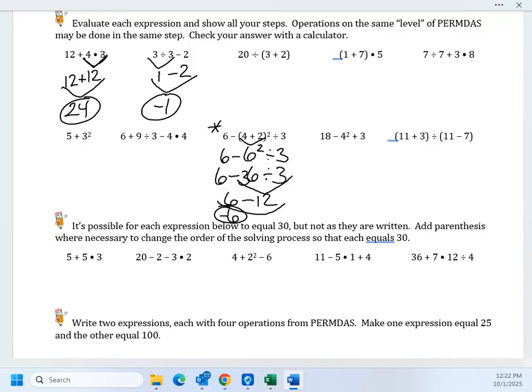Stay organized. Could we look at this and do half of it mental math? Yeah. I'm sure you could. But that's not what we're practicing here. We're practicing getting into the good habits. It will help you in the future.